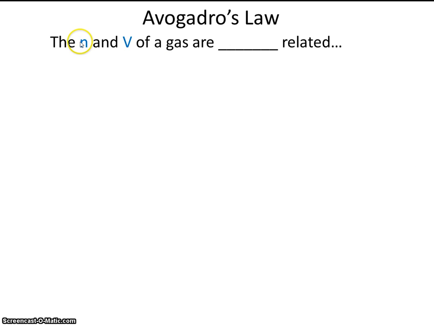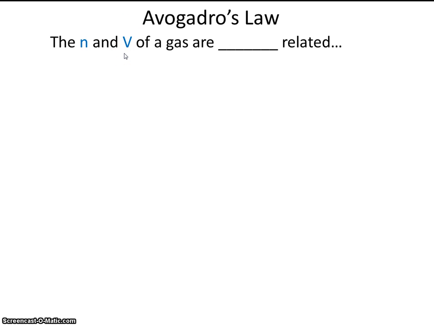All right, Avogadro's law. The moles and volume of a gas are blankly related. Well, how do you think they're related? If we add more moles of a gas, what do you think will happen to the volume of that gas? Think about maybe like blowing up a balloon, for example. Each time you breathe into a balloon, you increase the number of moles inside that balloon. And what happens to the volume of the balloon?